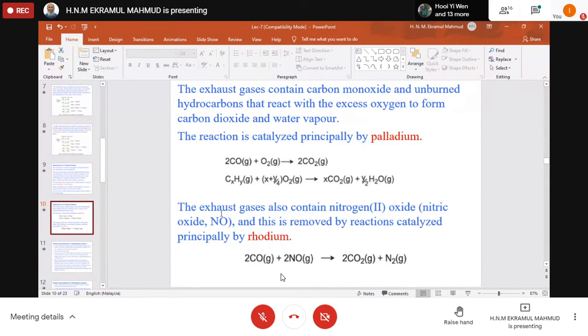The exhaust gases also contain a little nitrogen oxide, nitric oxide or NO, and this is removed by a reaction catalyzed principally by rhodium. So we have two catalysts. One is palladium, converting carbon monoxide.